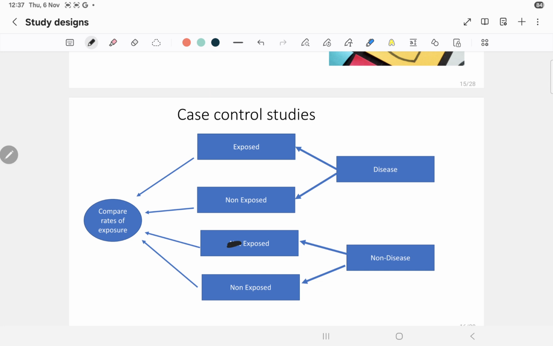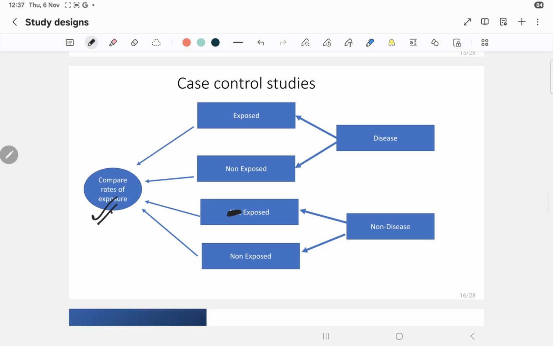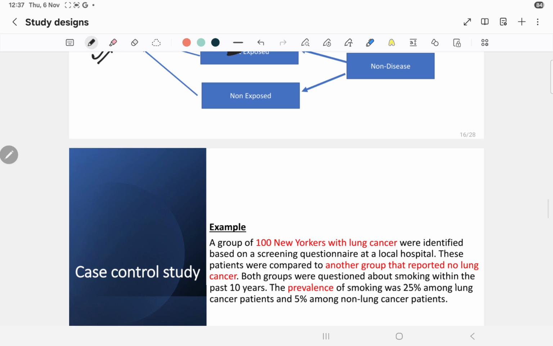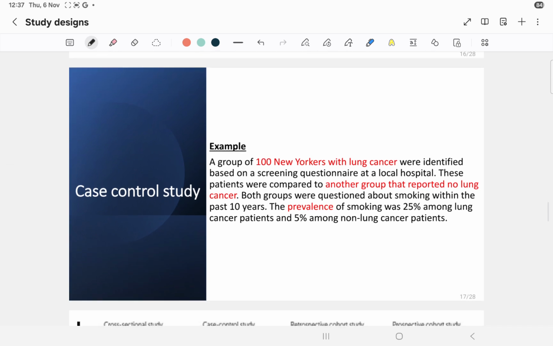We compare the rates of exposure and try to make an association by using the odds ratio. By the way, relative risk is a better measure than odds ratio, and I have discussed that in my risk quantification video. So let's take an example of a case control study.